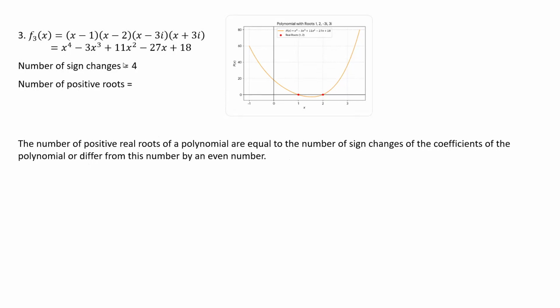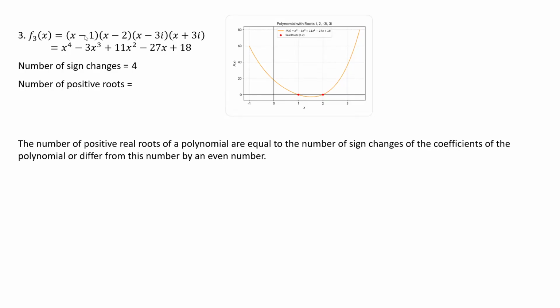If you see four sign changes, you could have four positive real roots, or 4 minus 2, an even number, that is, two positive roots, which is exactly the case here. Or guess what? It could have even 0. 4 minus 4, the other bigger even number, could have 0 positive real roots. What? Yeah, you can clearly see.